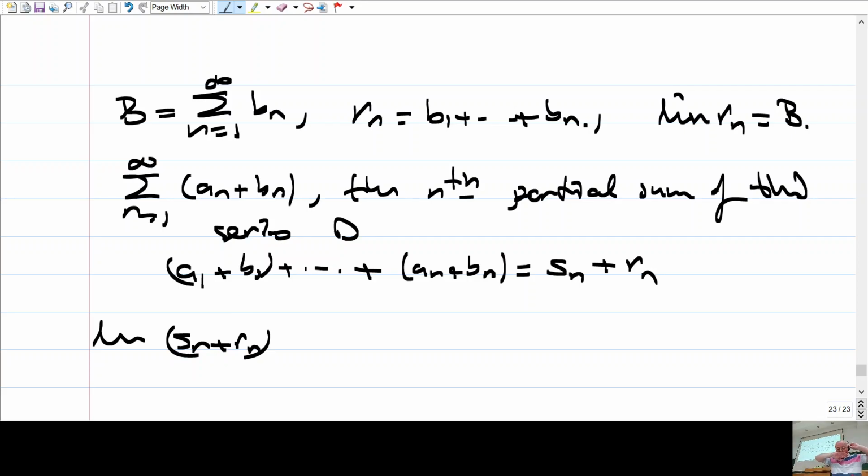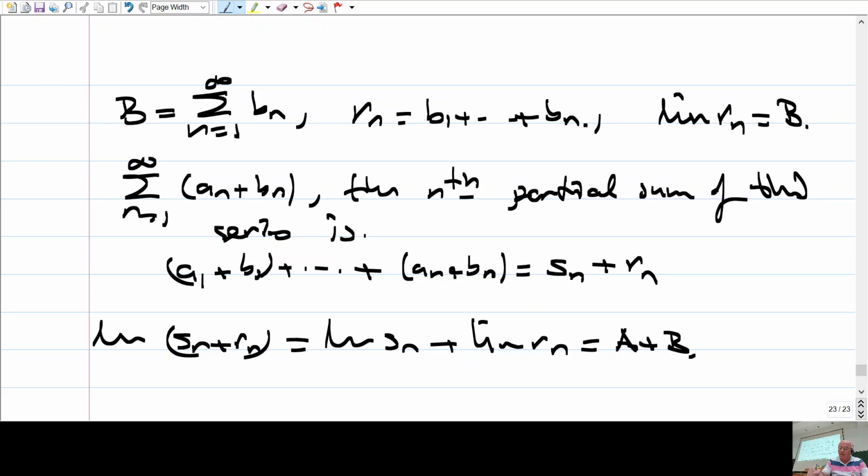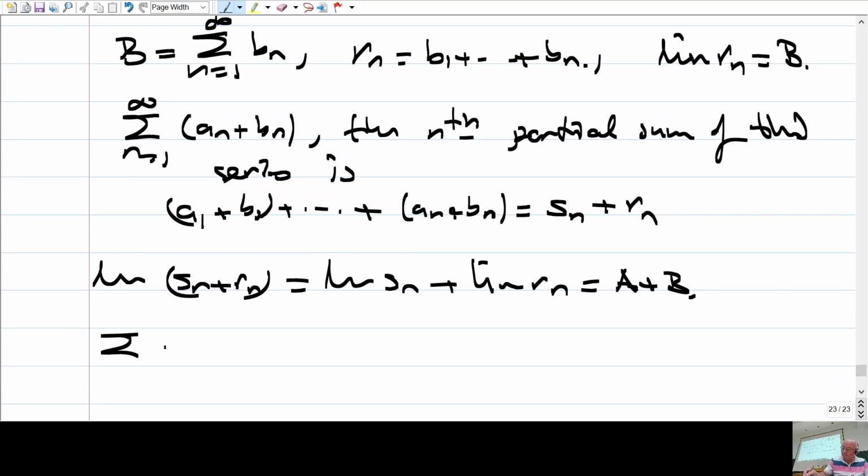The nth partial sum has limit, what is that limit? Well, this has limit A, this has limit B. Therefore, the sum has limit A plus B. So the sequence of nth partial sums is convergent and the limit is A plus B. Therefore, the sum of An plus Bn from 1 to infinity is equal to A plus B, convergent.